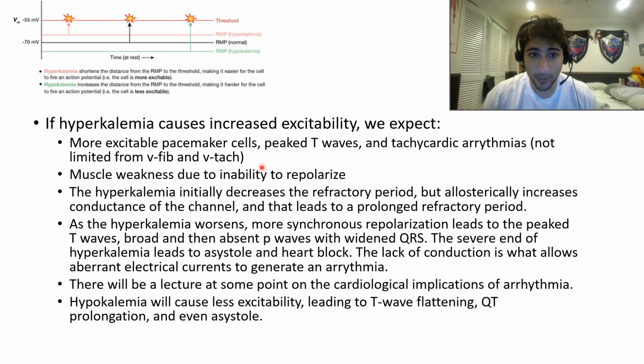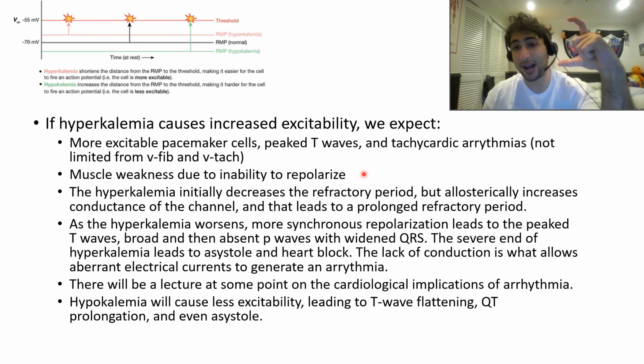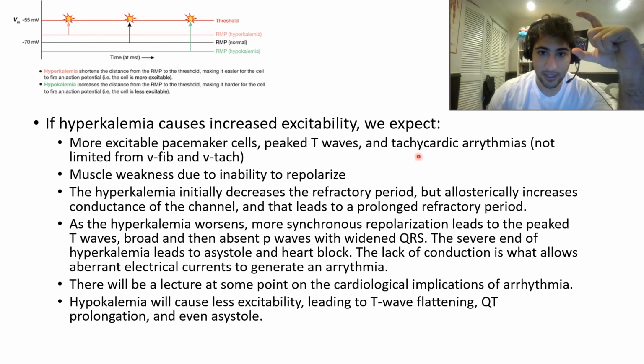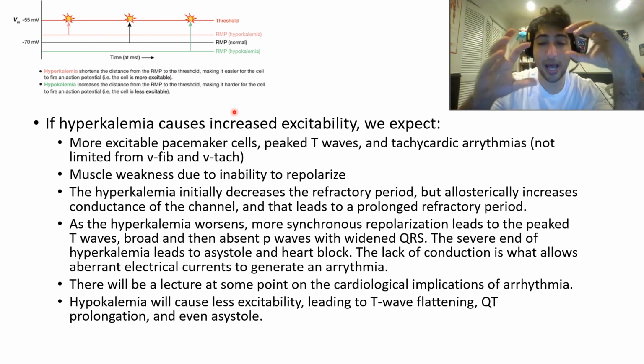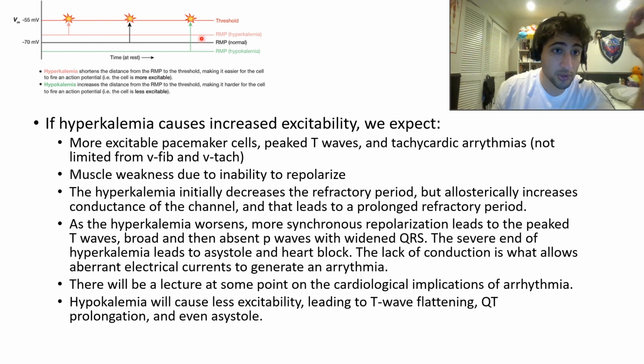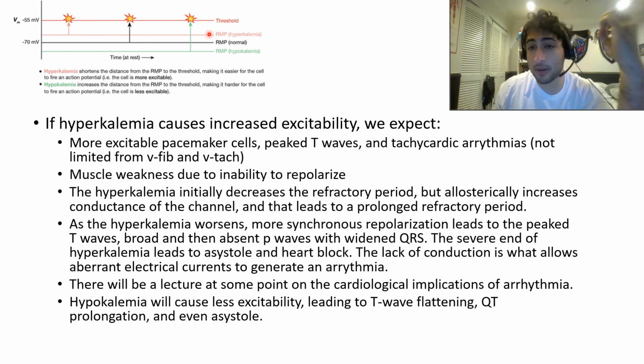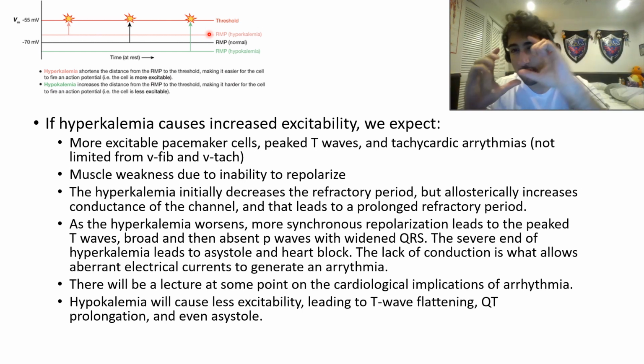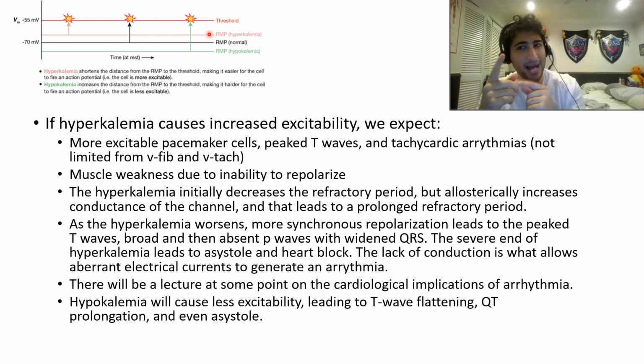And you're going to have muscle weakness due to inability to repolarize, even though you have decreases in the refractory period initially. At first, because you're closer to the threshold, it's going to make it easier for you to fire. But remember, you have to fall back below the threshold to fire another action potential.